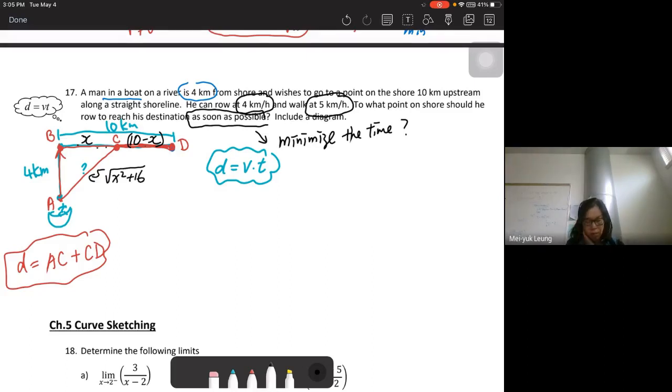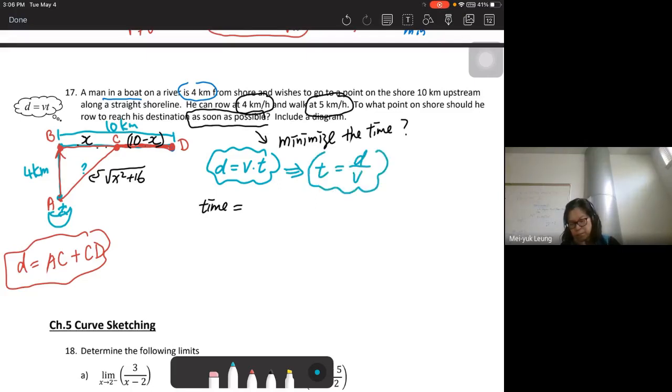Now I'm going to set up the equation representing the time. The time is always the distance divided by the speed. The first part, the square root of x squared plus 16, is the distance for rowing the boat, and the speed is 4 kilometers per hour.